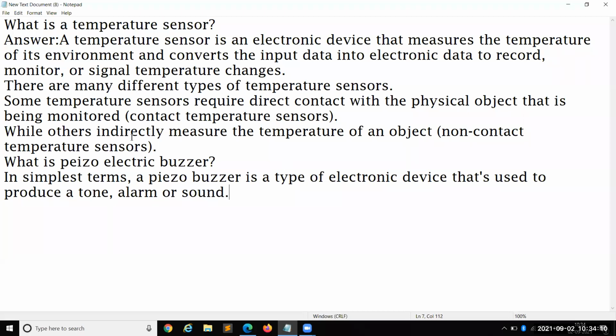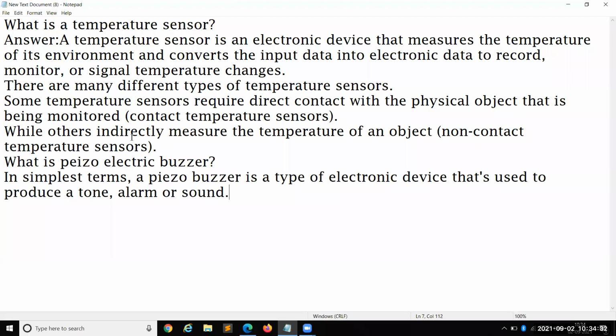And with the non-contact temperature sensor, it can record the temperature without coming in physical contact with the person, okay? Like during these COVID times, you have seen this device that is used to measure the temperature. You can see it at airports, or anywhere.